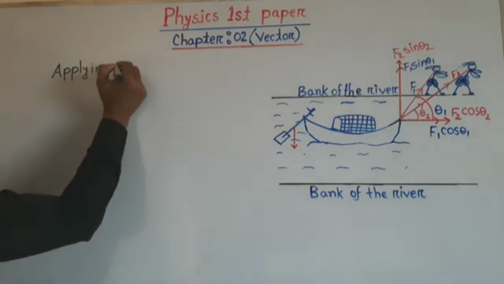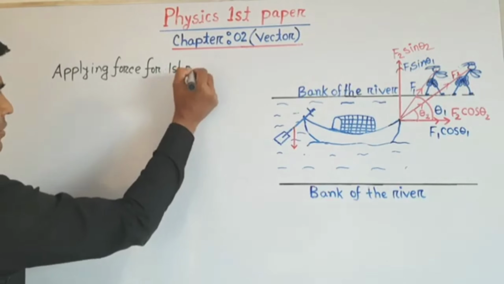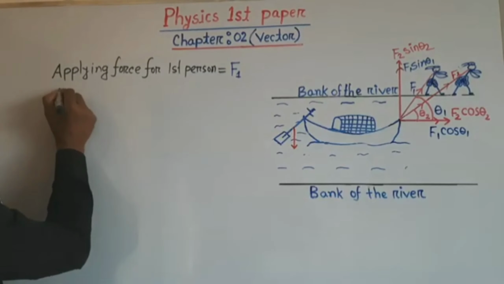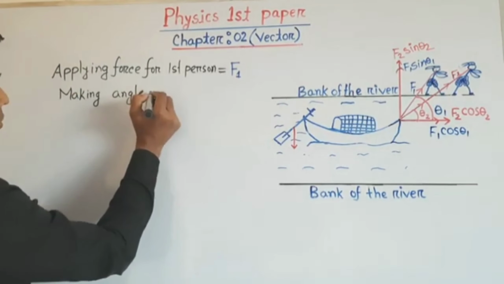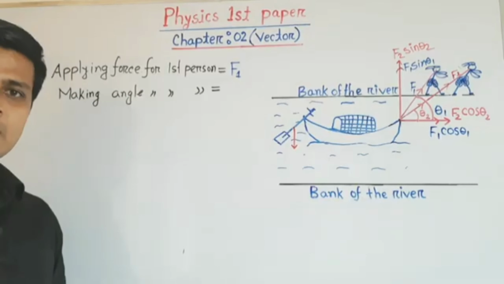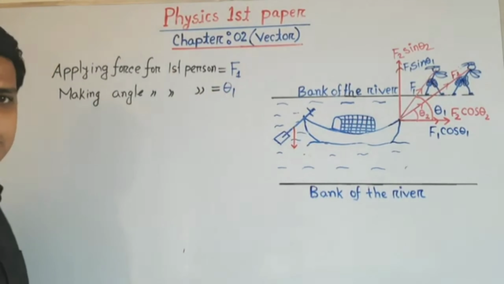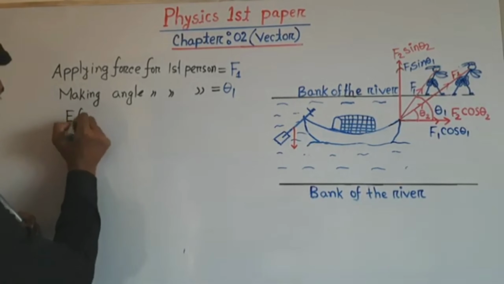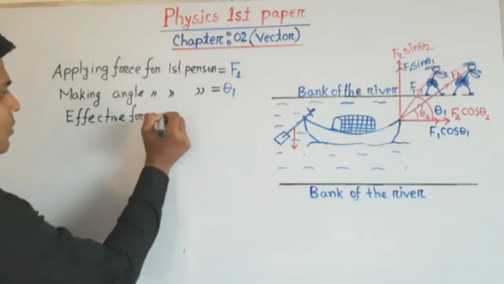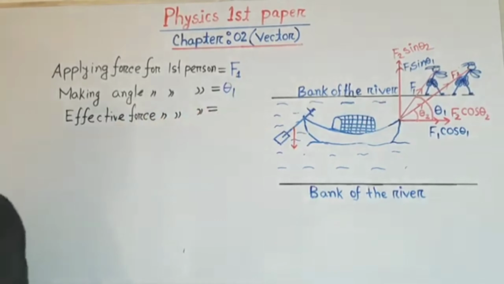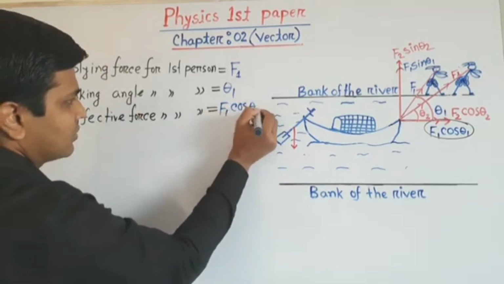Now we can write here: applying force for the first person, making angle for the first person is theta 1, and the effective force for the first person equals F1 cos theta 1.